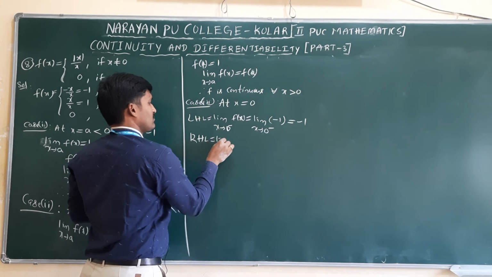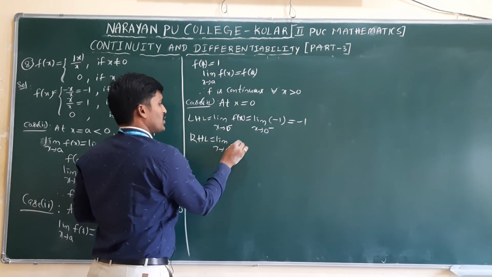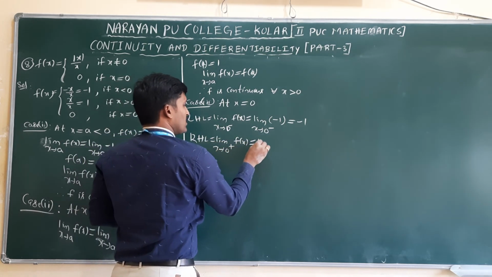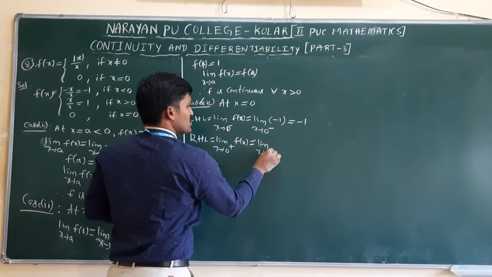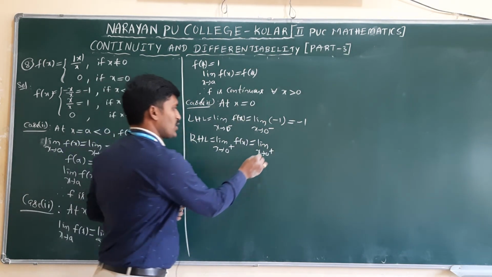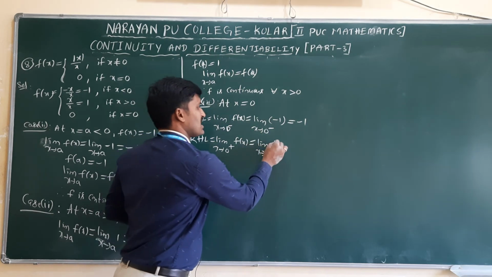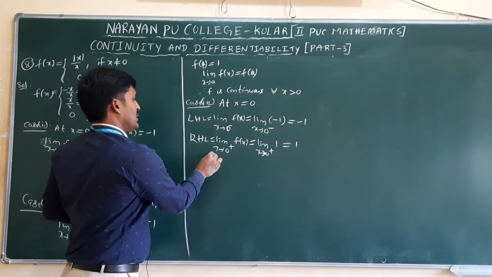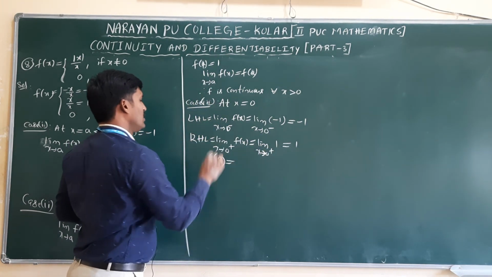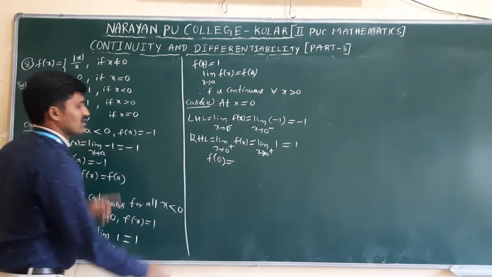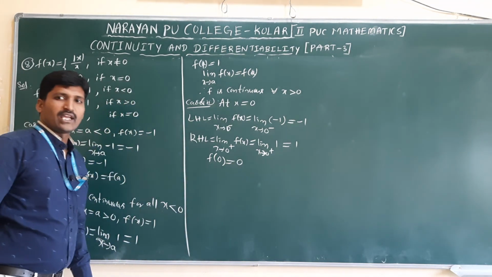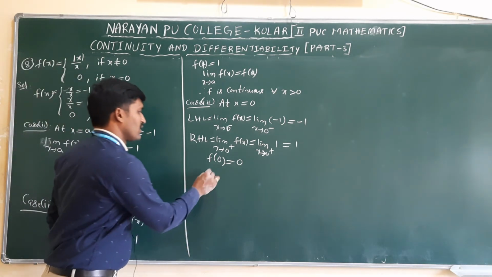RHL, limit as x tends to 0 plus of f of x equals limit as x tends to 0 plus. When x tends to 0 plus, what is the function there? 1. That is equal to 1. Next, f of 0. f of 0 means at 0, what is the function? 0. Here what happened? All 3 values are not equal.